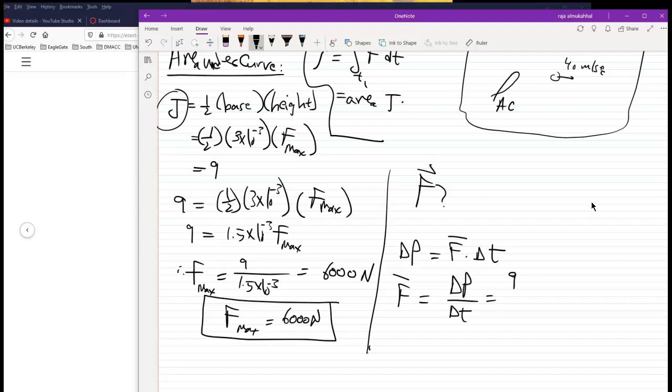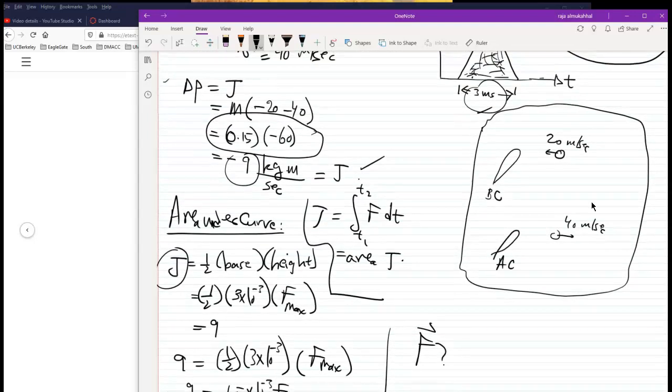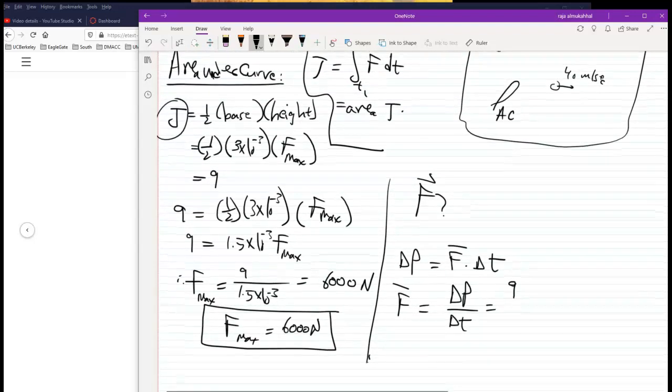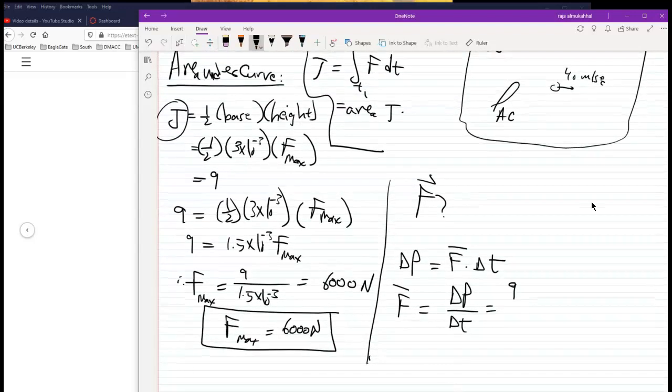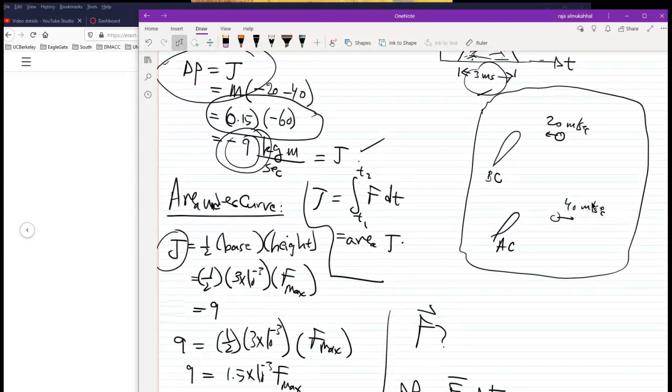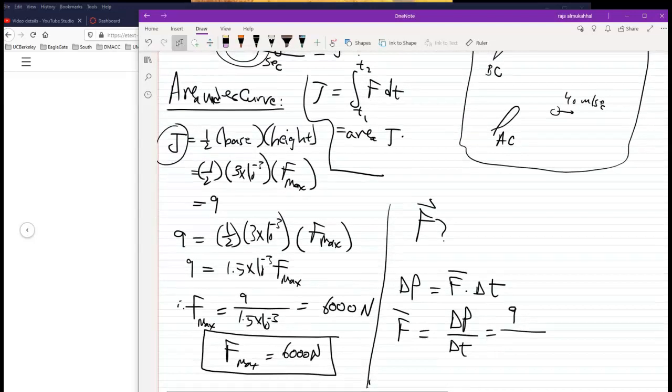Again, the minus sign here doesn't contribute much to what we're doing. Divided by delta T. Delta T is basically what we got here, that's 3 milliseconds. So divided by 3 times 10 to the negative 3. So that will give us 9 divided by 3 times 10 to the negative 3, and that will be equal to 3,000.